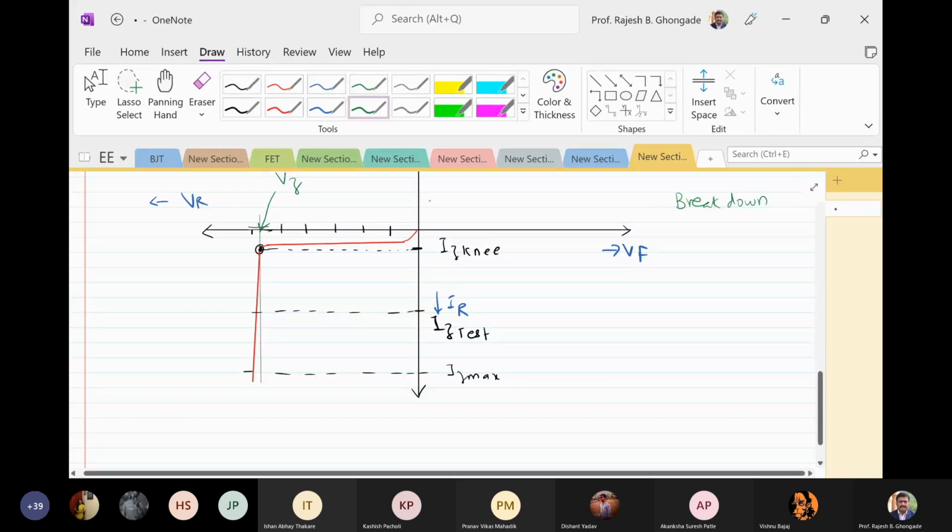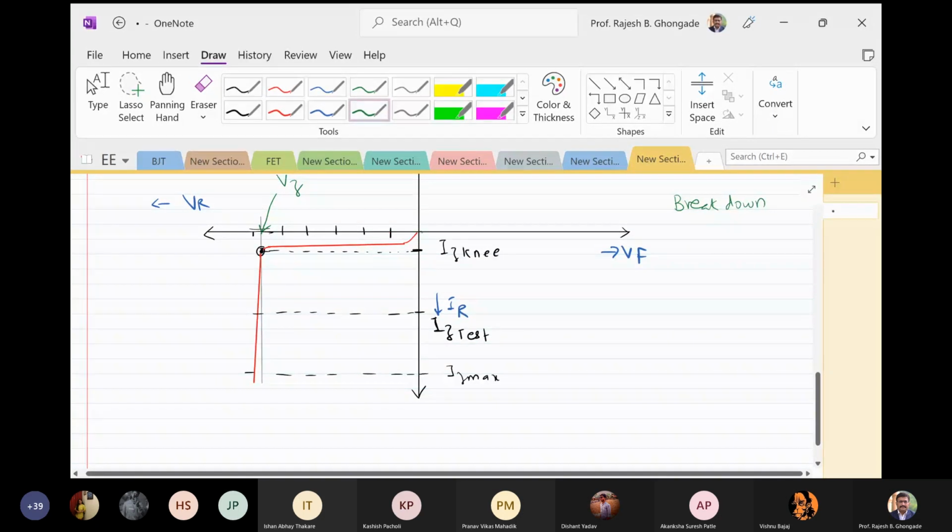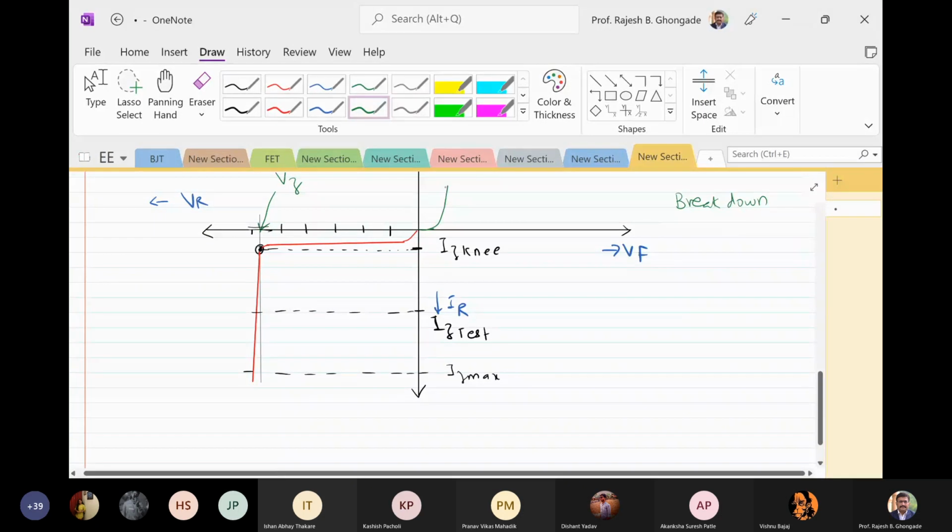In the forward region, it acts like a normal diode, so it is never used in this region. It is used as a breakdown diode. What you see is that after it achieves breakdown, this VZ, the voltage across the Zener, is fairly constant irrespective of the current flowing through it.